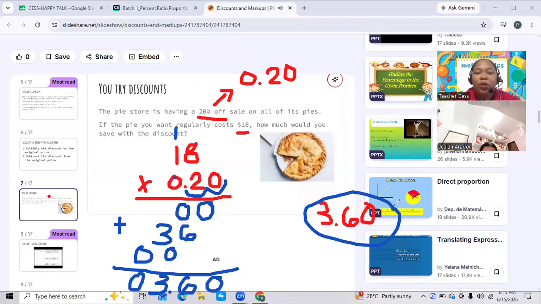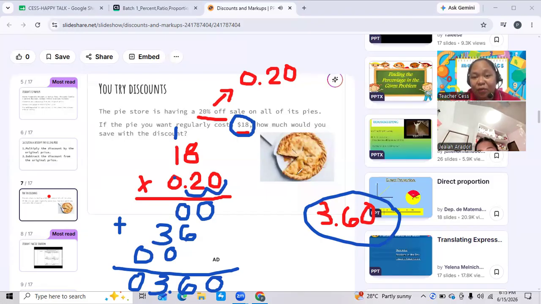Now, if you save $3.60, how much are you going to pay for the pie? $3.42. From $18, you will subtract the 3.60, right?